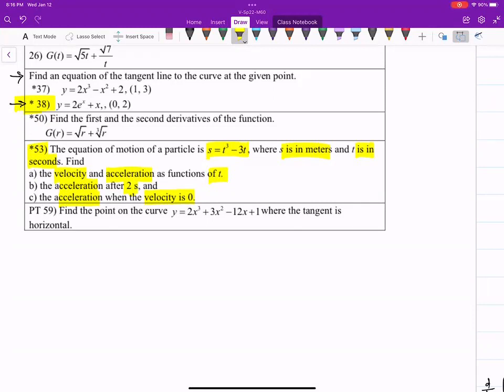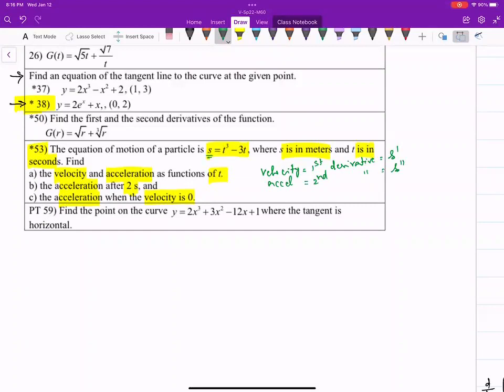Let's do them one by one. Remember that velocity is the first derivative, which is s prime, and acceleration is the second derivative, which is s double prime, because the function here is s.